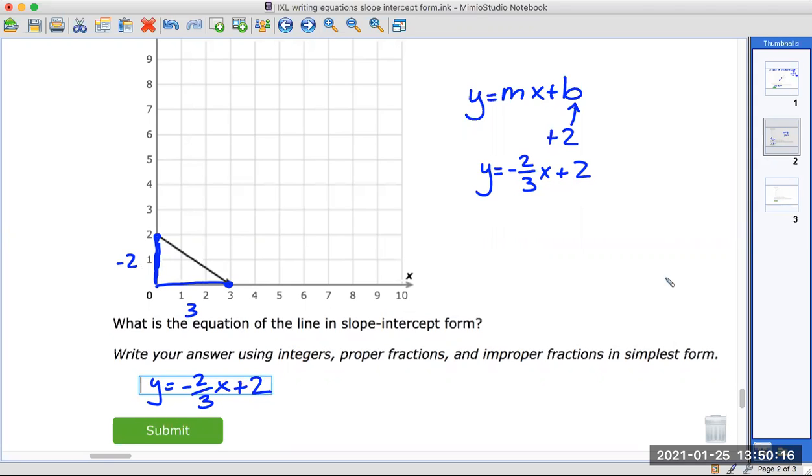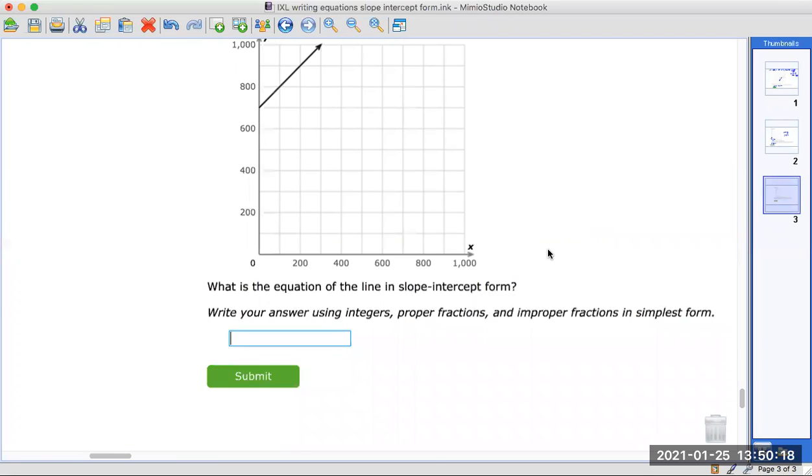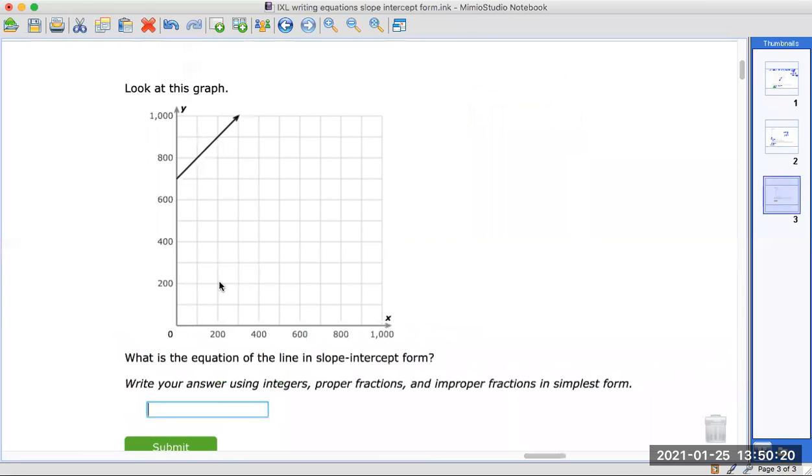Okay, so that's this one. And then the last one I picked was this one. You have a positive slope, it's going uphill. Your y-intercept is at this point. You have to figure out what number that is. It's 700. Your slope is a little tricky. It seems like this is a good distinct point.